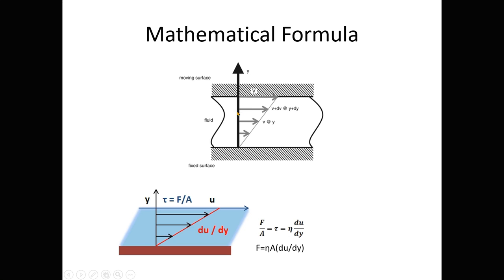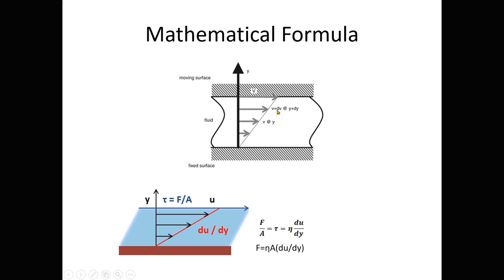So the value of radius at this point is y plus dy, and the value of velocity at this point is v plus dv. Due to the change of radius dy, the velocity changes by dv. So dy is the change of radius and dv is the change of velocity.